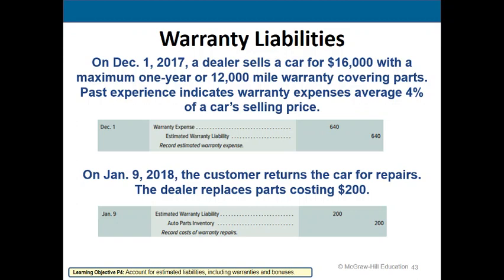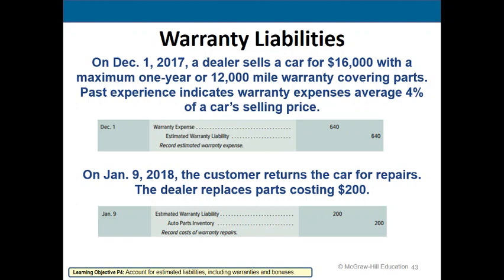Now, let's say that this particular customer comes in after the year, in the next year, and needs some repairs. Well, they've already booked the estimated warranty liability for this car.